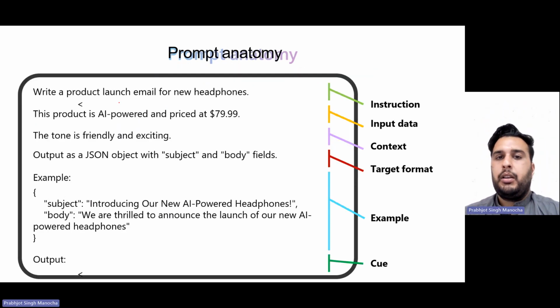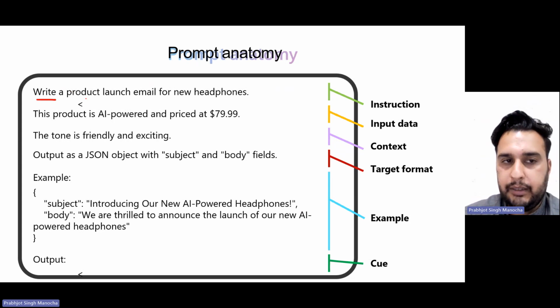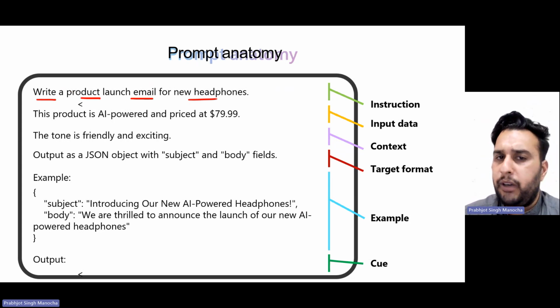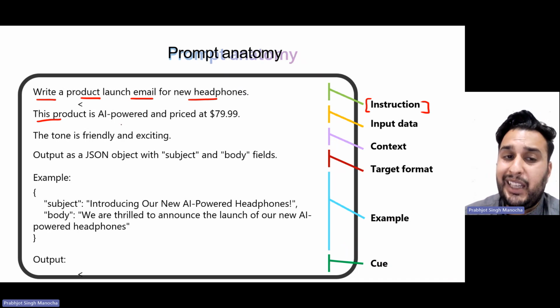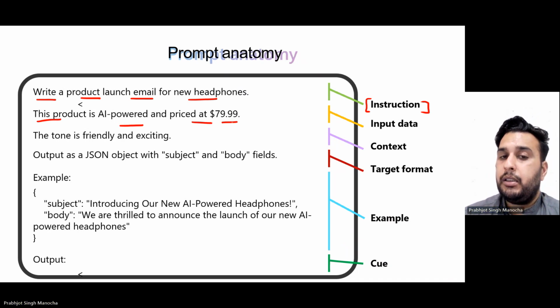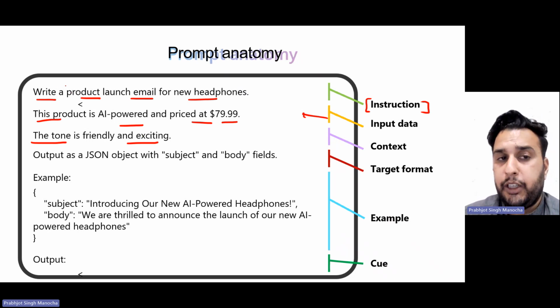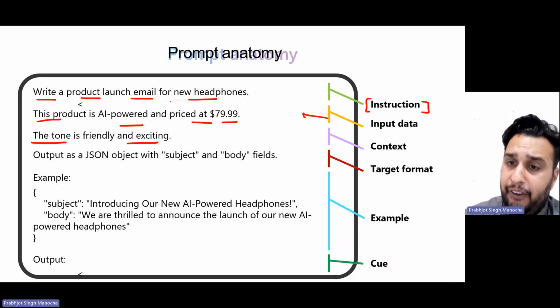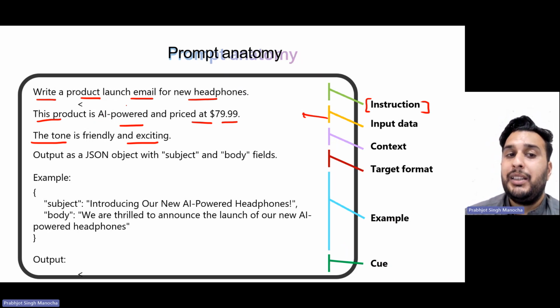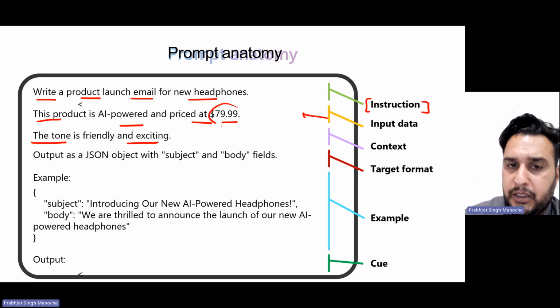So this is the prompt anatomy. Another example: write a product launch email for new headphones. That's the instruction we are giving to the model. Then the input data: this product is AI powered and priced at this much amount. The tone is friendly and exciting. That means we want it to write a product launch email, and we are refining it, giving some information through input data that this is an AI product priced at this amount.